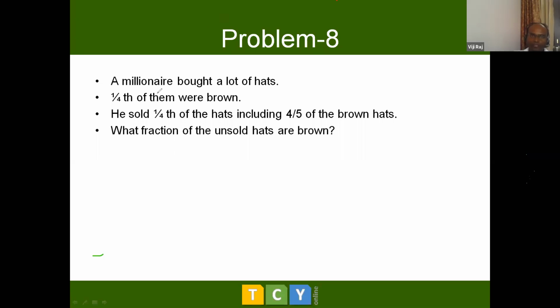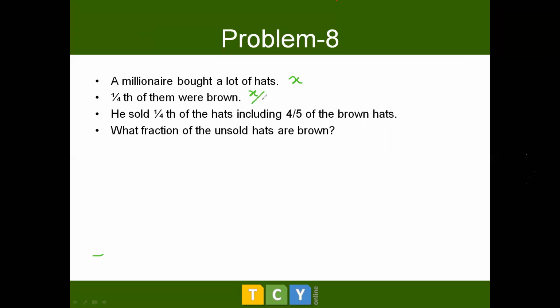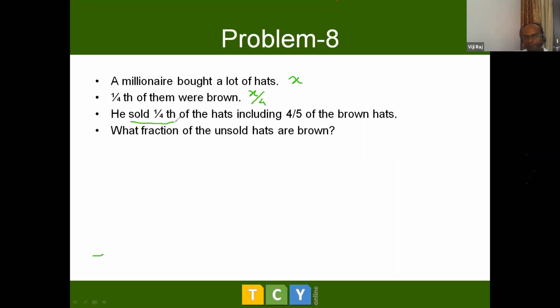Let me explain to you again. The total hats, let it be x. So the brown hats is x by 4. Right? He sold 1/4 of the hats. So out of the total x hats, he has sold 1/4.